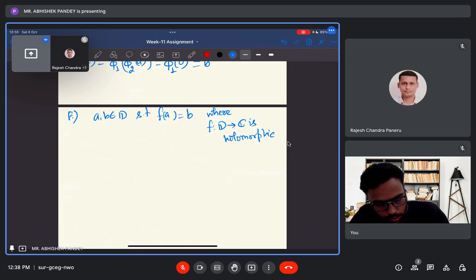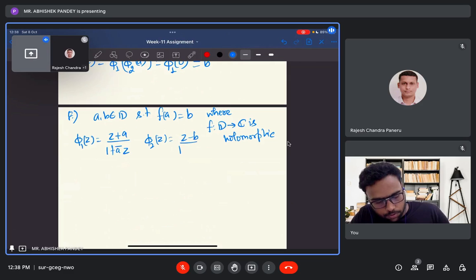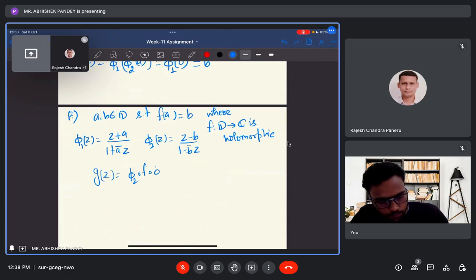Again you take phi 1 of z equals z plus a upon 1 plus a bar z, and phi 2 of z equals z minus b upon 1 minus b bar z. Now you define g of z equals phi 2 composed with f composed with phi 1.